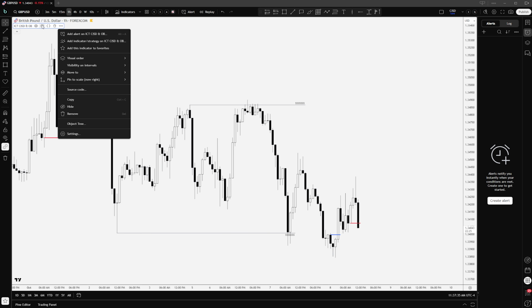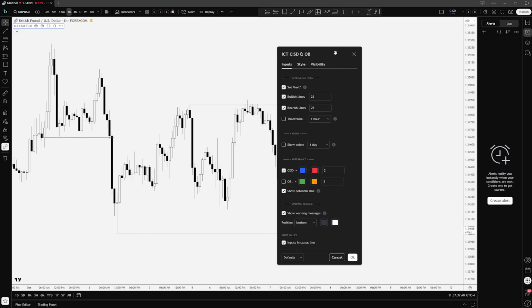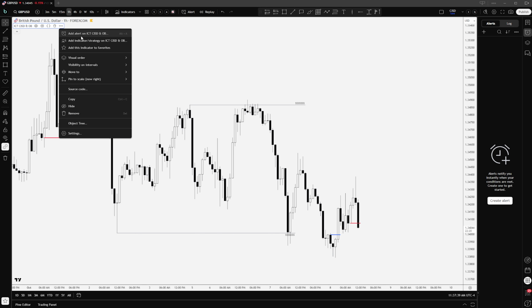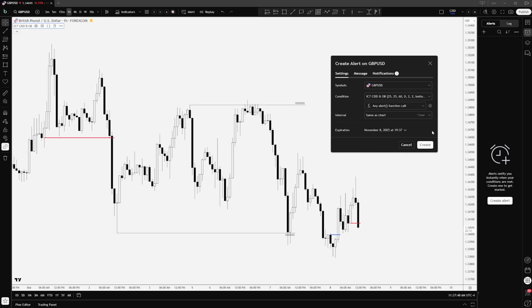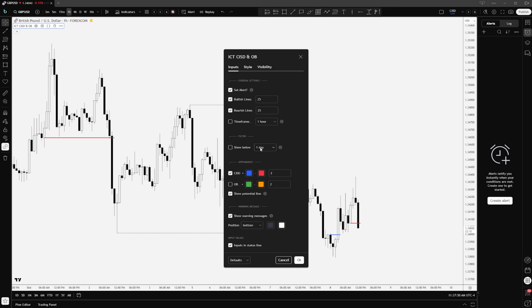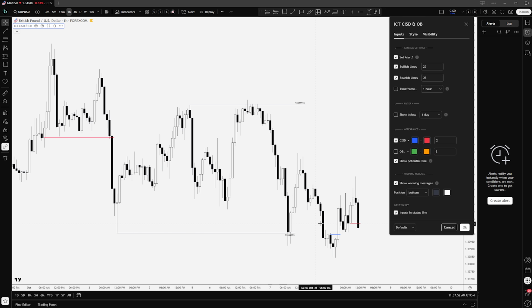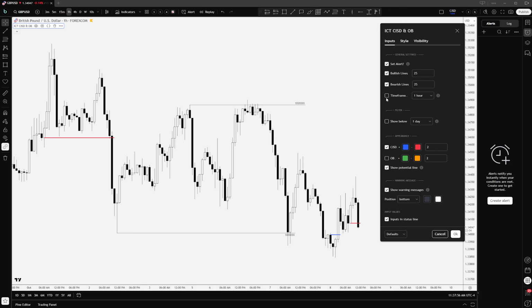So you could set your indicator to only show you the change in state of delivery. And then you can go to add alert and just create, and it will tell you whenever that candle closes below your level. Same goes with all the other settings. Whatever you see on the chart, you're going to be notified by that. And also on the different time frames, that also can happen.